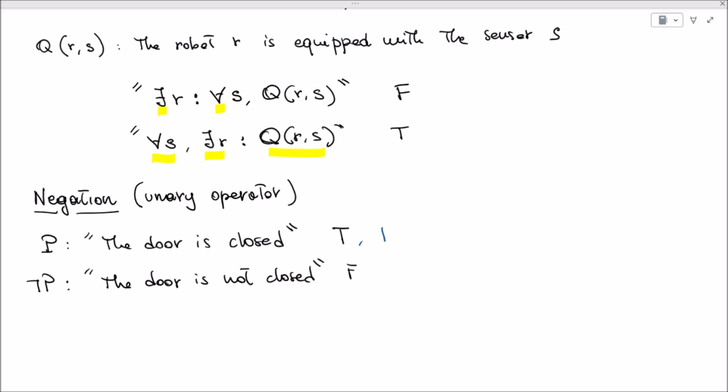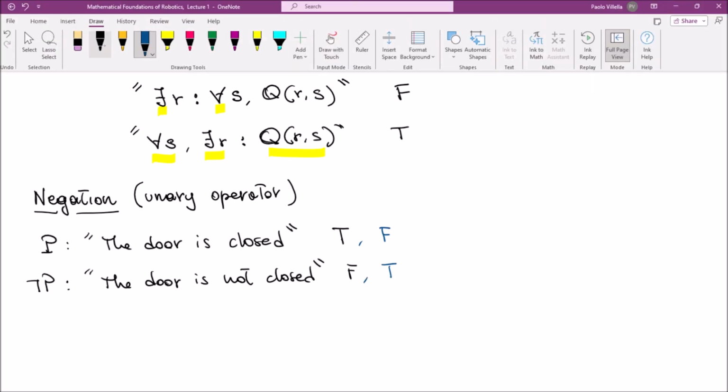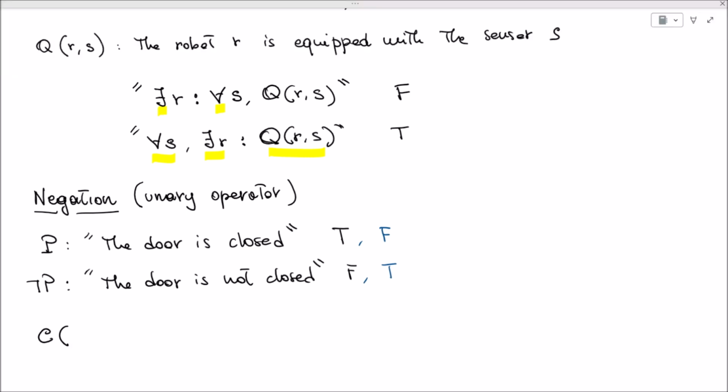If P were false, then not P would be true. The negation operator can also be applied to a predicate. Let's consider, for example, this predicate. We have a predicate C with the parameter D, the door D: the door D is closed.